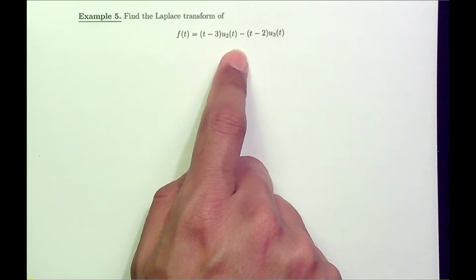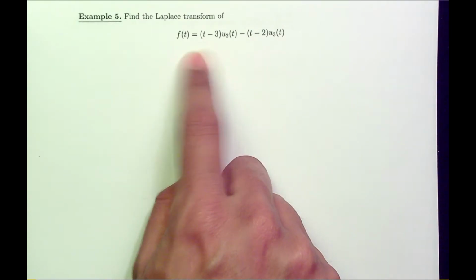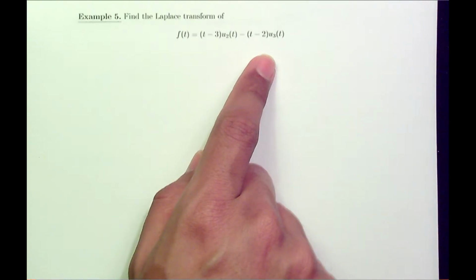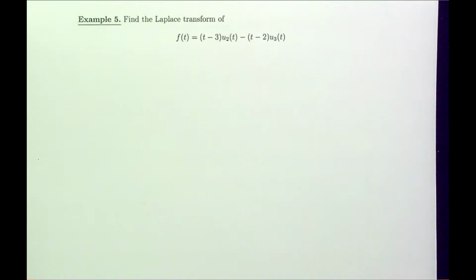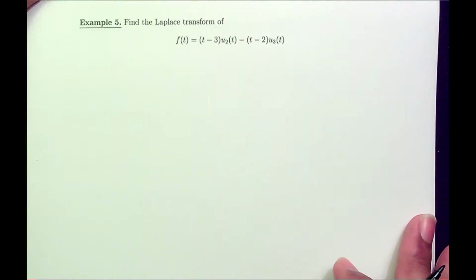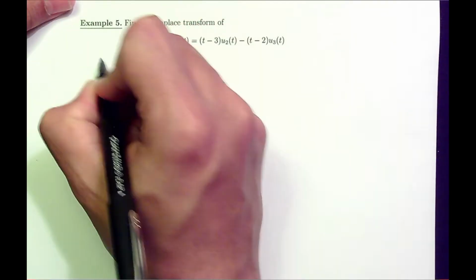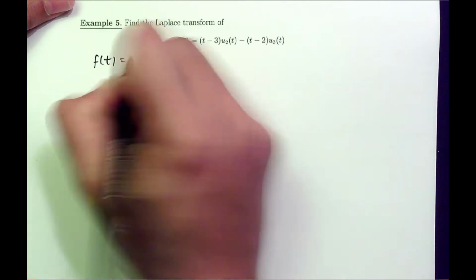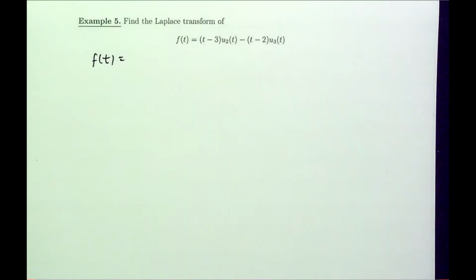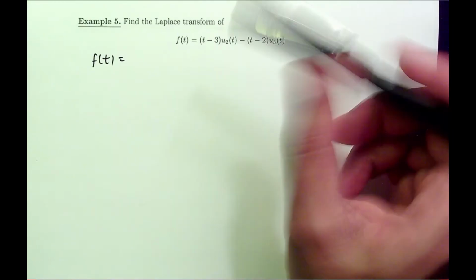We would like to find the Laplace transform of this, but the formula cannot be used directly just yet. So we have to do some algebra trick, some modification in order to put it in the form where we can use the formula. Okay, so what we need to do is force these numbers to be the same.